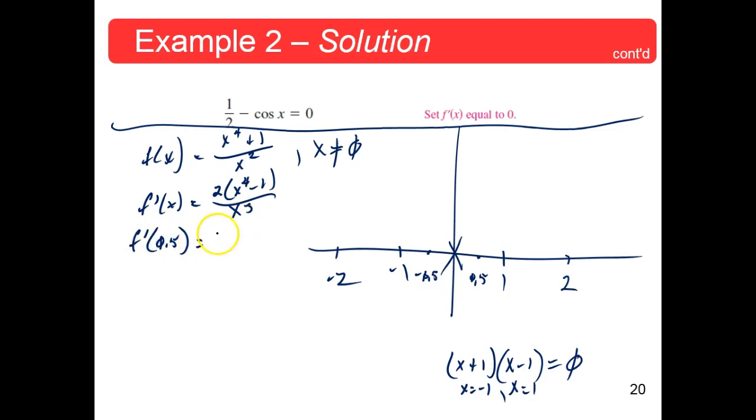Okay. It's up to you which form you use that in. 0.5 to the fourth power. 0.5 squared is 0.25. Then you have 0.125, 0.0625, right? 0.0625 minus 1 over 0.125. Did I do it right?